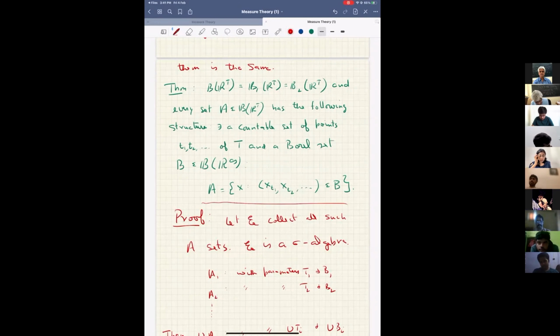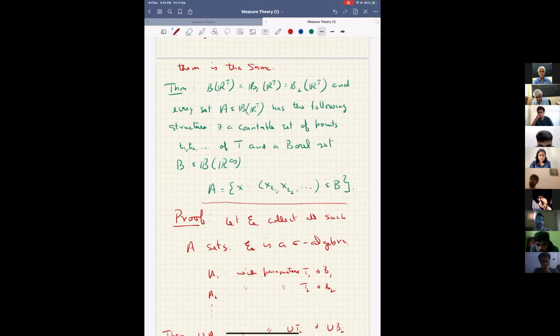Now if I look at all of the cylinder sets with finite indices T1 through Tn, they belong to my big sigma algebra B(R^T), for any finite such collection.